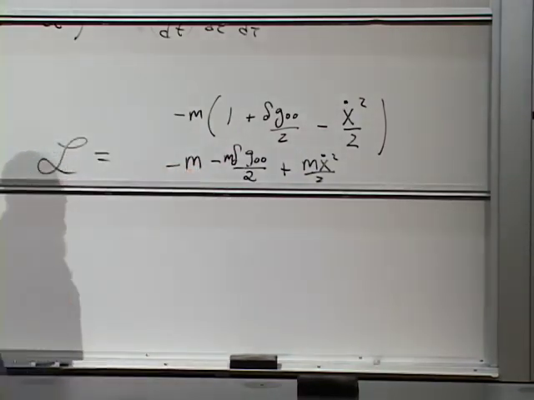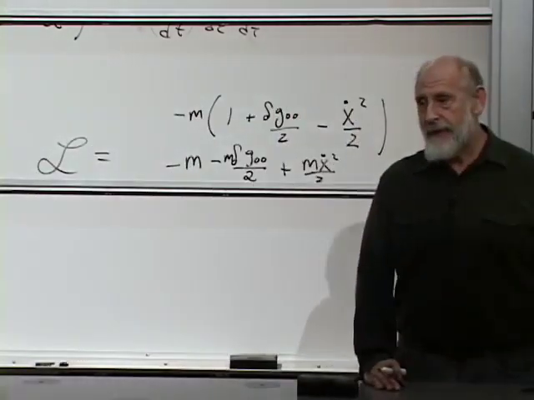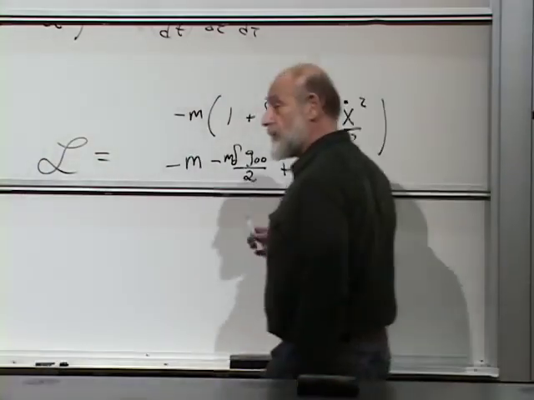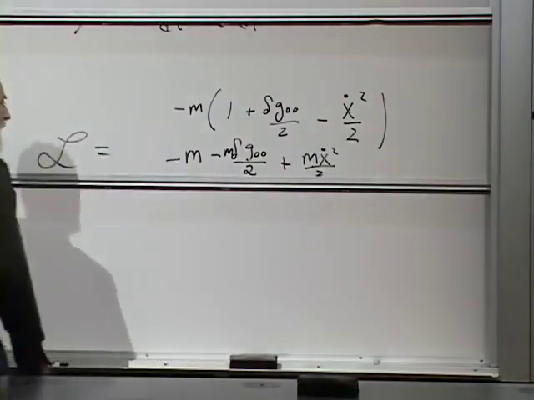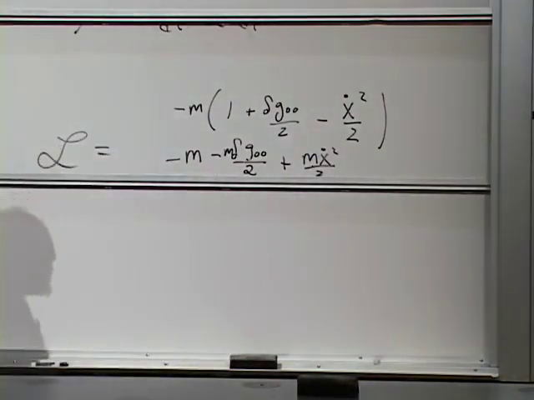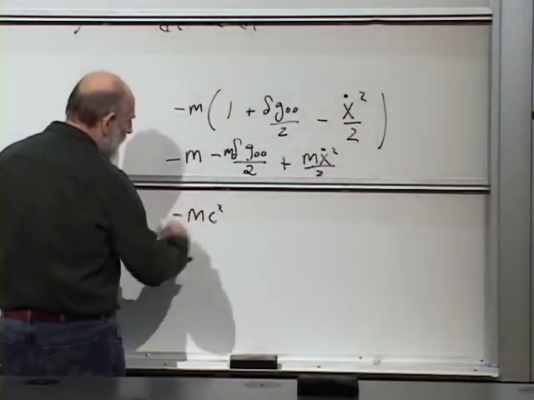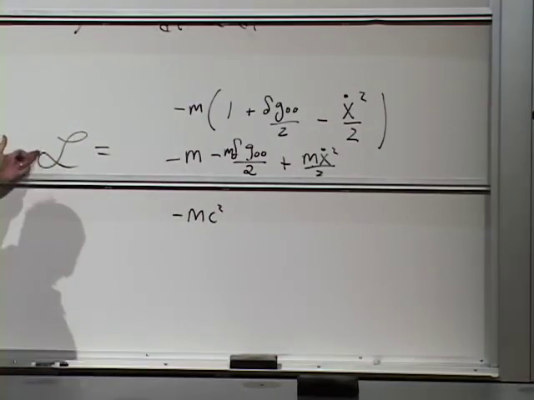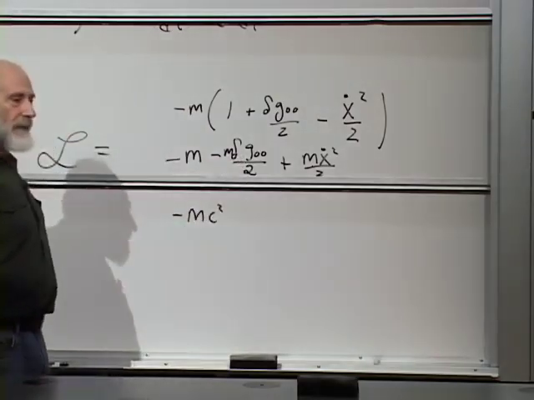The first term, what would that be in the energy? It's the energy when the particle has no motion. And if I kept all the speeds of light, this would just be minus mc squared. Why minus mc squared? Because it's in the Lagrangian, not the energy. The energy, you change the sign here. What's this one over here?